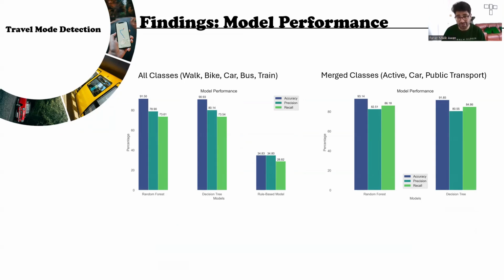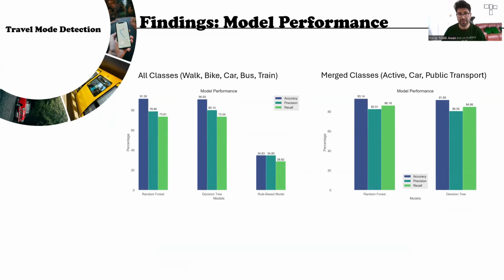In contrast, the rule-based model showed significantly low accuracy, which was 34.8%. For further evaluation, using the same configuration, we retrained our machine learning models, but this time we merged certain classes.